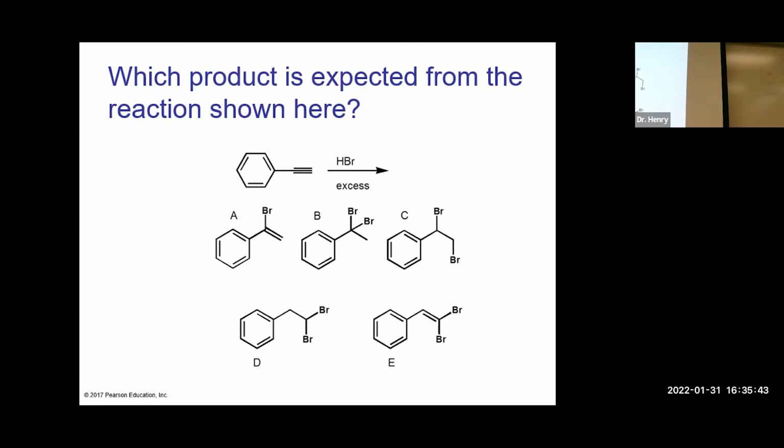Okay, so which product is expected from the reaction shown here? A, B, C, D, or E? Think about it.